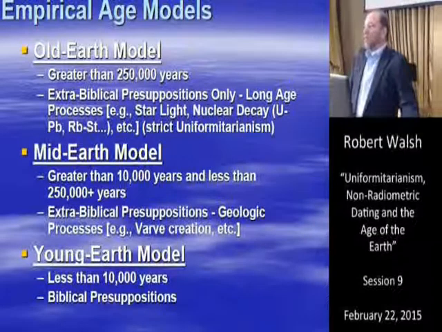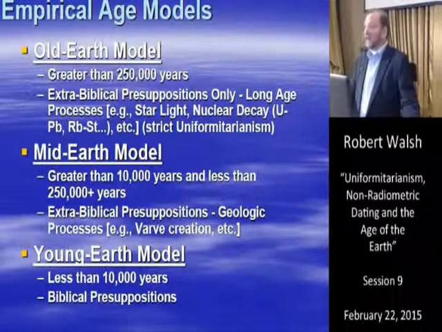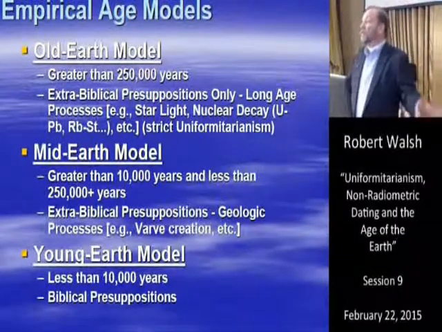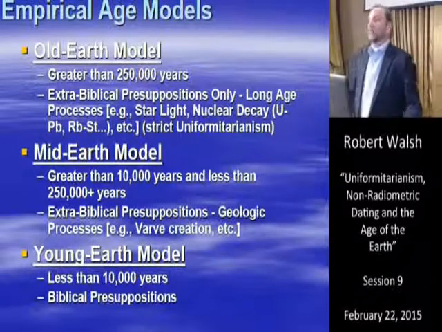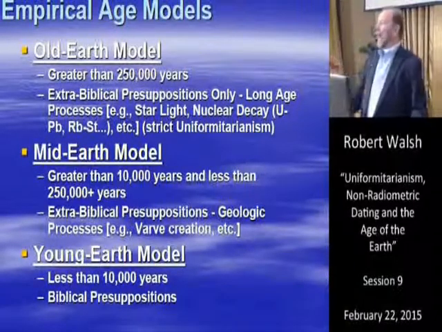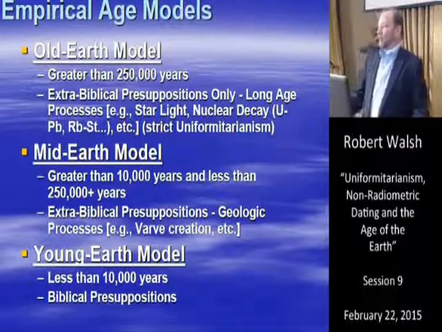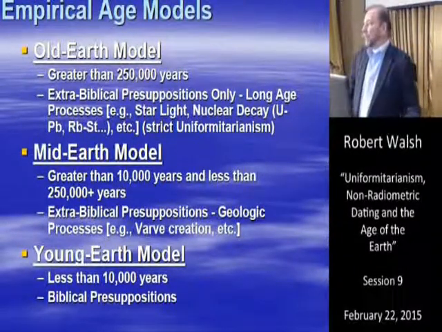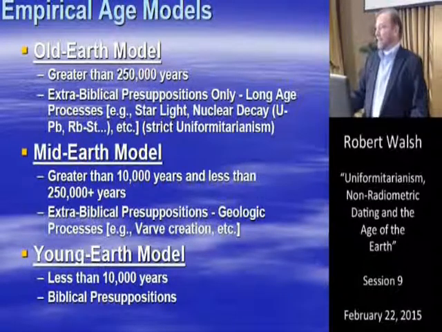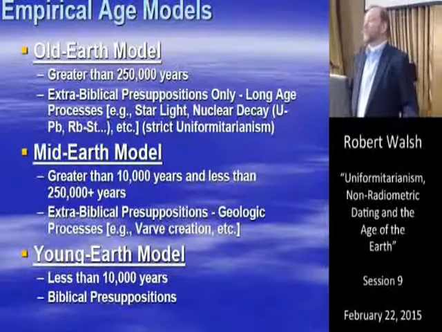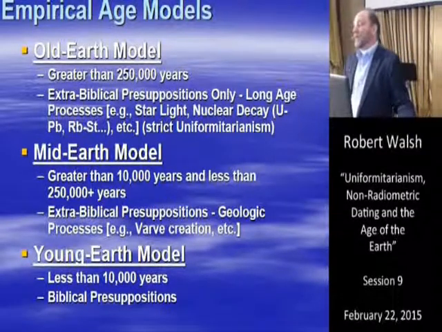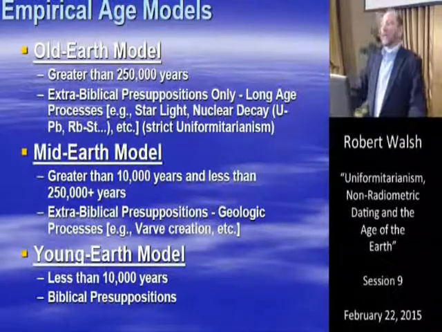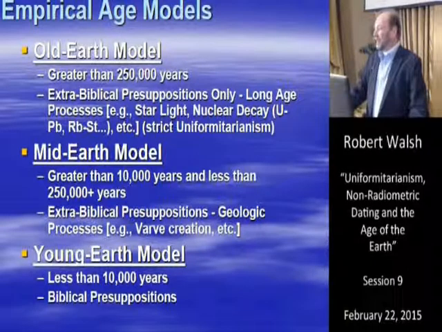The earth is old, therefore we must find time in Genesis somewhere, so the days in Genesis are long periods of geologic time. Or there must be a gap between Genesis 1:1 and 1:2. As we saw, the grammar doesn't allow that, but we must force it in there. And some, to avoid all the exegetical problems that there are with those two particular positions, the gap theory and the day-age theory, they put the gap before Genesis 1:1.